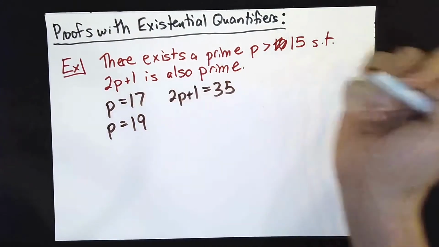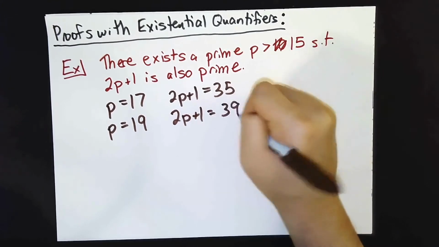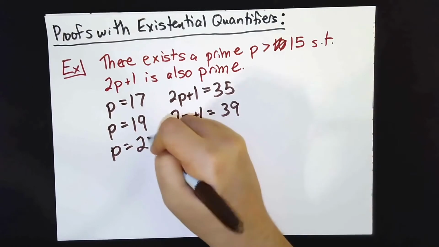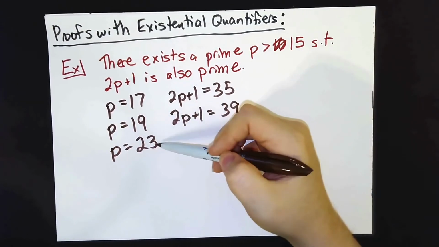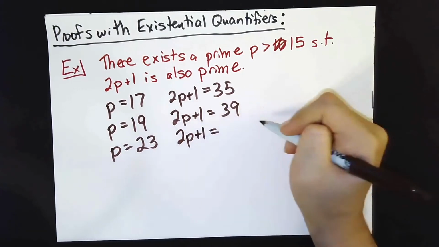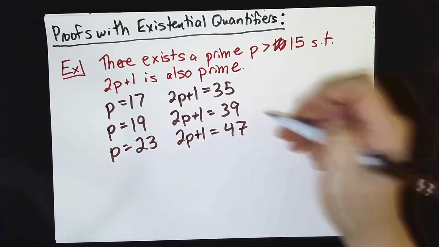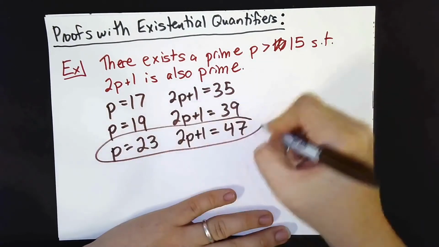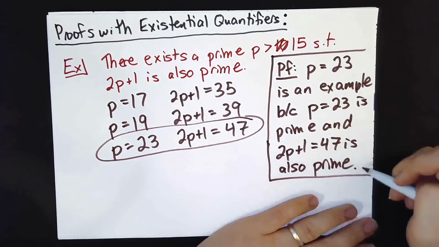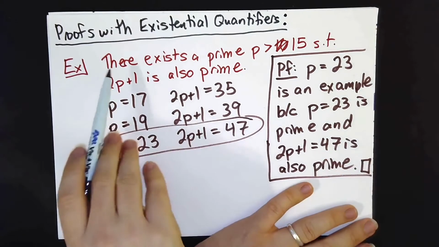If p is 19, 2p plus 1 will be 39. That's no good. If p is 23, that's the next prime after 19, then 2p plus 1 is 47. And hey, that is prime. And so if I were to write a proof here, it would look much like this. Okay, and this will be our first proof box of the course. This is a complete proof of this statement.